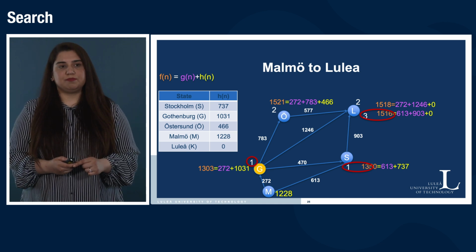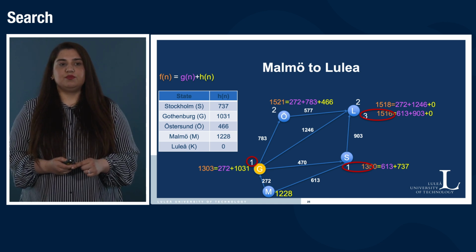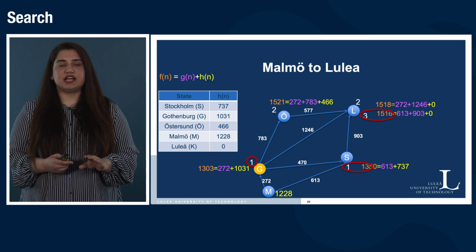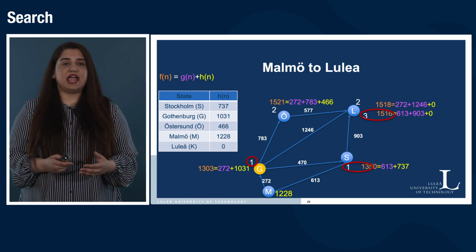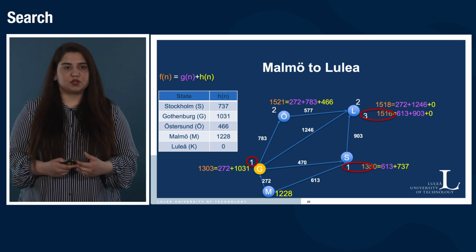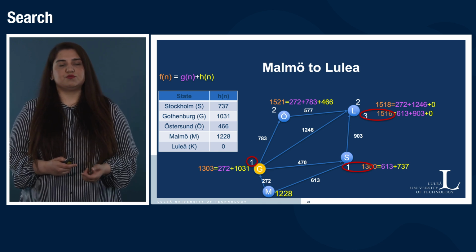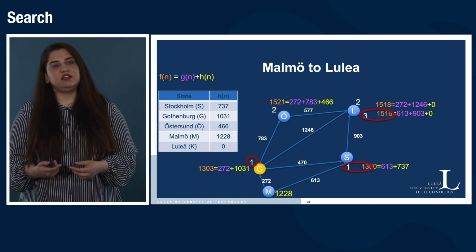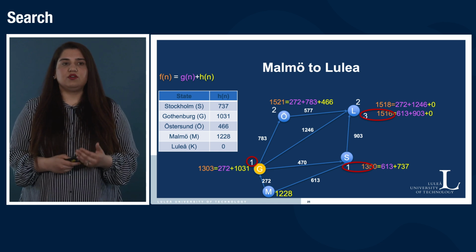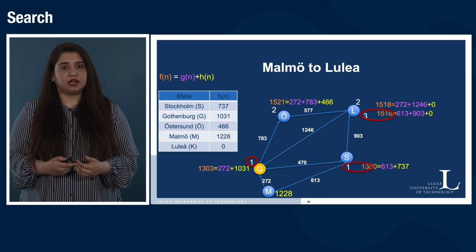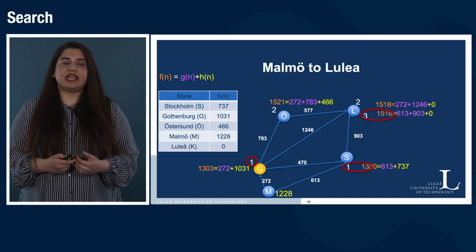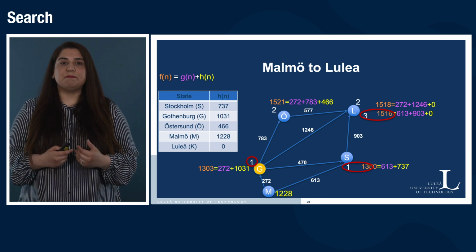So we choose this particular path. And that is how we decide: we omit the path which has a higher cost, and we choose the one which has the minimum cost. And we reach Luleå from Stockholm. So we go to Malmö, Stockholm, and then to Luleå. This is how our algorithm decides with the A-star algorithm, how we can reach our goal state with minimum cost and in optimal time.